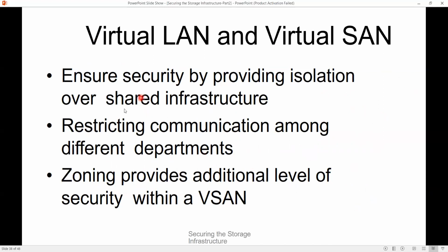We want to restrict access to the resources of this server, so for that we can implement zoning, which provides an additional level of security within the virtual SAN. This has already been discussed before in detail.